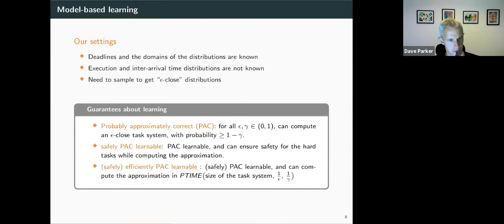The class is safely PAC learnable if it is PAC learnable and the algorithm L can ensure safety for the hard task while computing the approximation. And the class is efficiently PAC learnable if it is PAC learnable and there is a polynomial Q in the size of the task system, 1 by epsilon and 1 by gamma such that L computes the approximation in time bounded by Q.